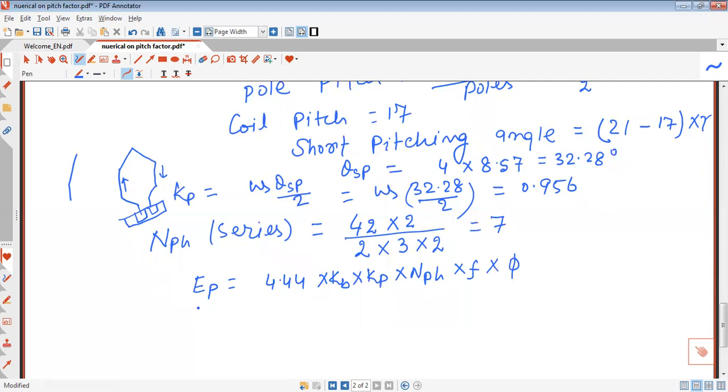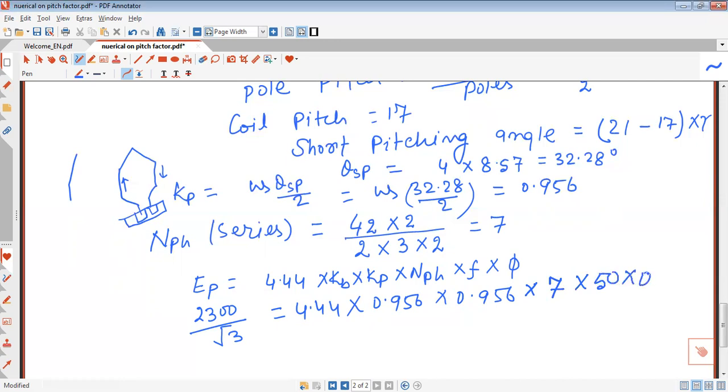Here it is given as 2300 divided by root 3 equals 4.44, KB is 0.956 and KP is also the same 0.956, NPH we just calculated 7, frequency is 50, and flux we have to find out. So phi, the flux, after solving this, we get 0.94 Weber.